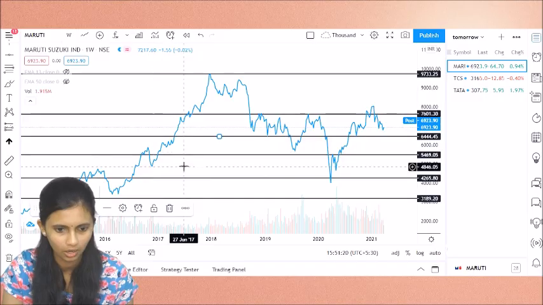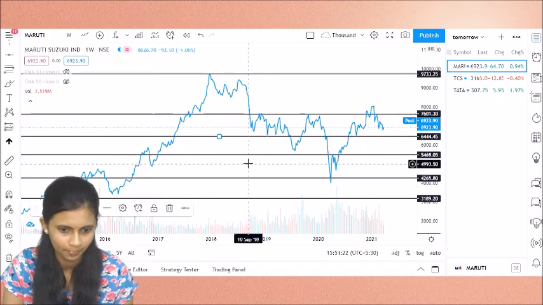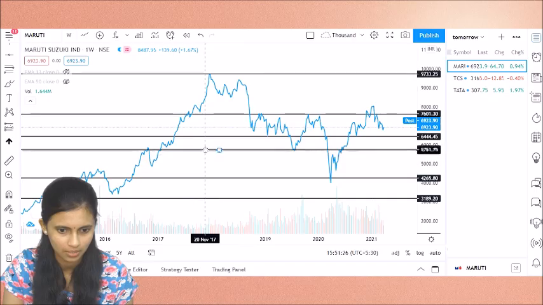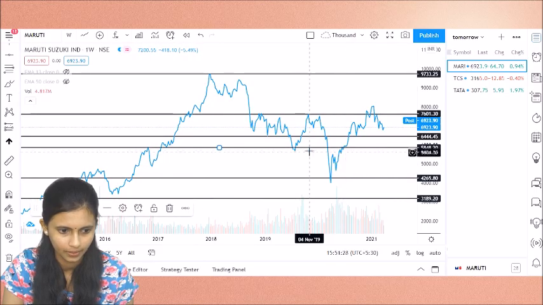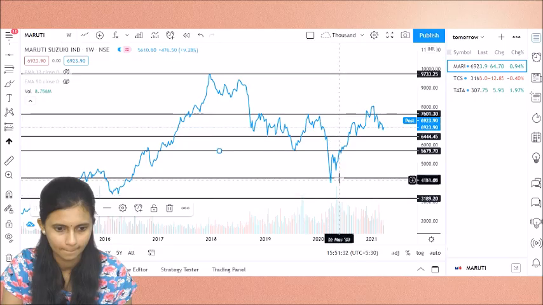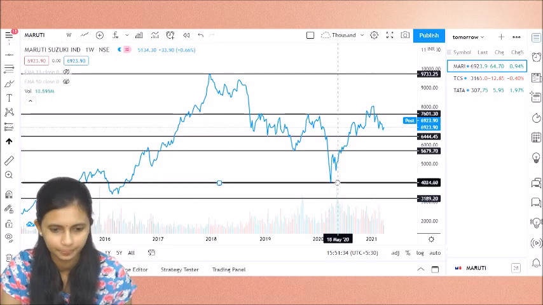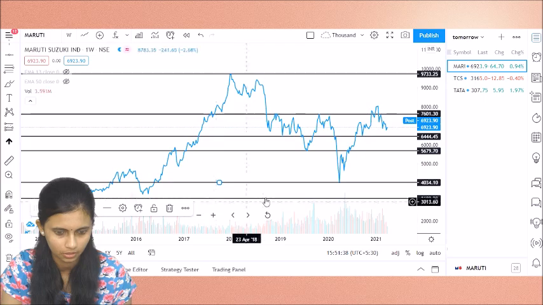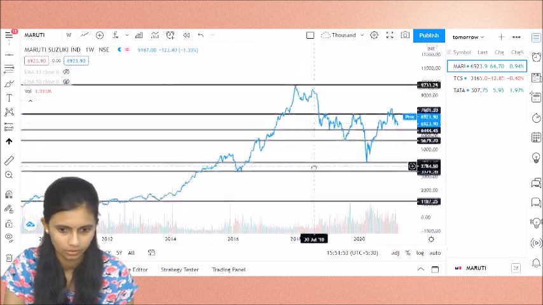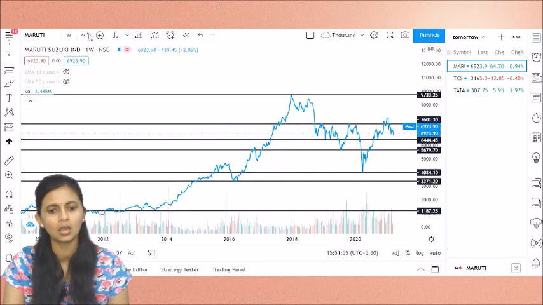Some small changes you will have to do. If it doesn't sit at that point properly, you can make adjustments. Here you can draw it, or here. See, here it has moved up, so you can do the small changes. Okay, I think this looks good.